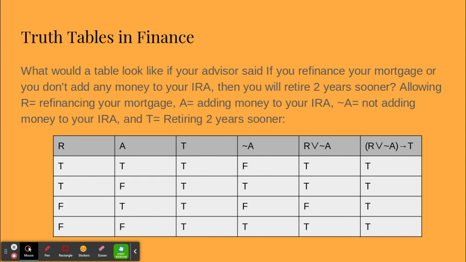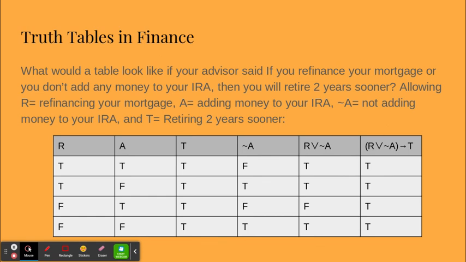And then R or not A yields T. So if R or not A, then T. That's kind of what it's saying. And that's all true. And this is because the premise is being true, therefore the conclusion will be true. This results in being a valid statement.